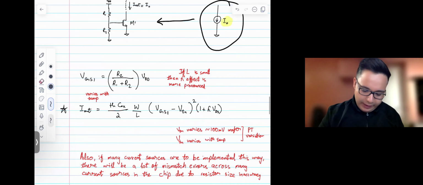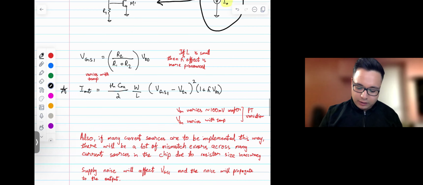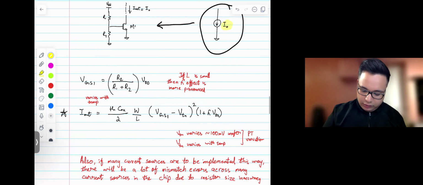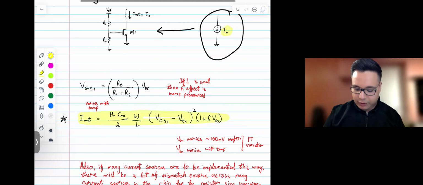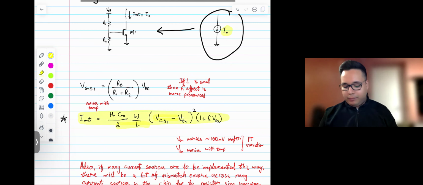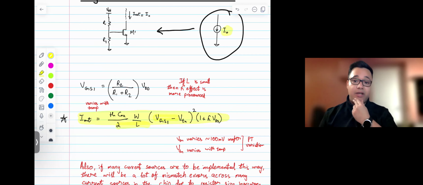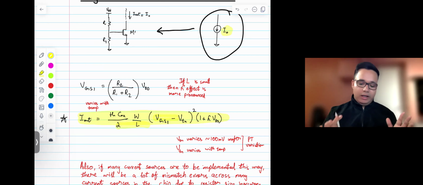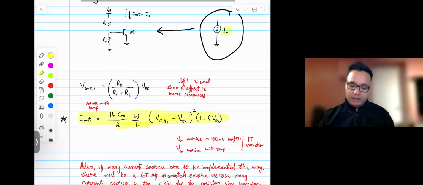The output current of this transistor M1 would be given by something like this: mu n Cox W by L, VGS1 minus VTN, which is the threshold voltage, squared, and then 1 plus lambda VDS. One thing here is that I'm assuming that I'm parking my transistor M1 into saturation first, and so I'm using the saturation equation over here.